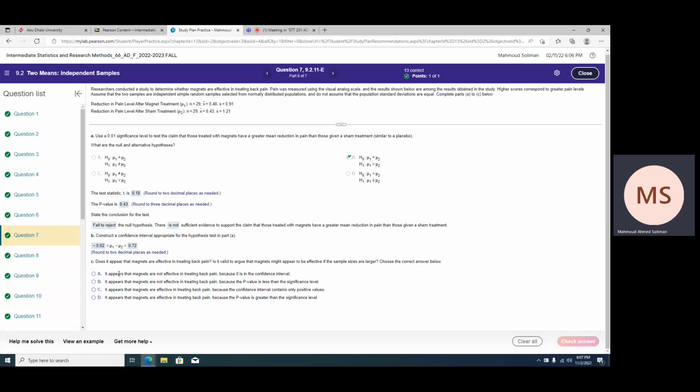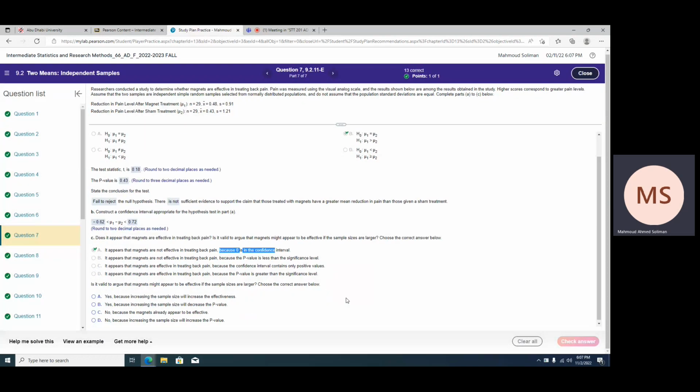I'm doing practice, so I'll give you a shortcut. Does it appear that magnets are effective in treating back pain? Because we have 0, that means no. So it appears that magnets are not effective because 0 is in the interval.